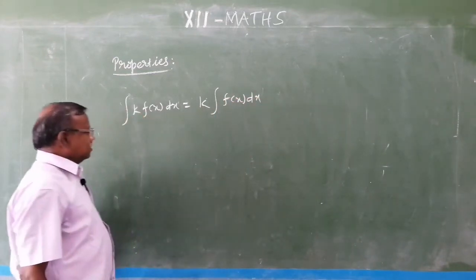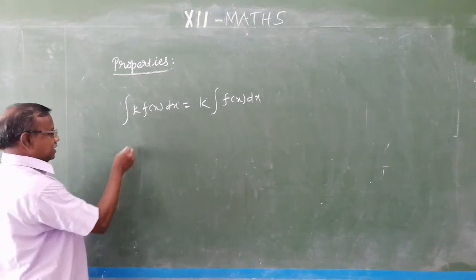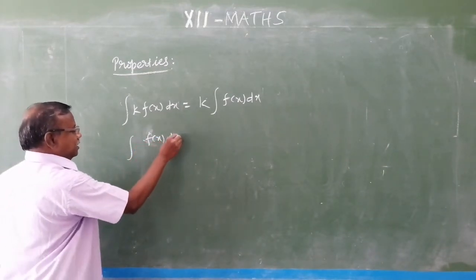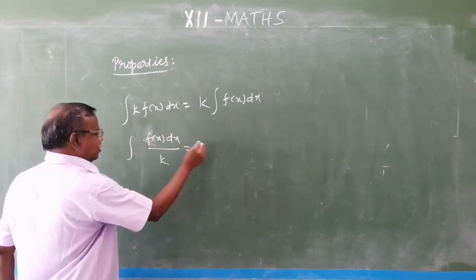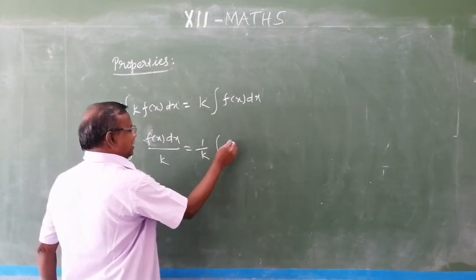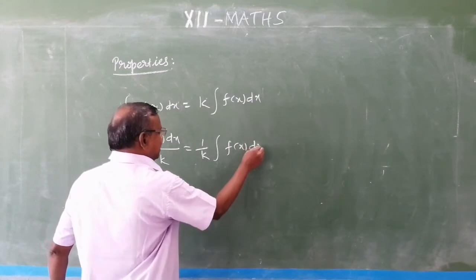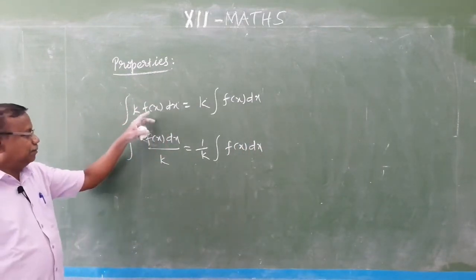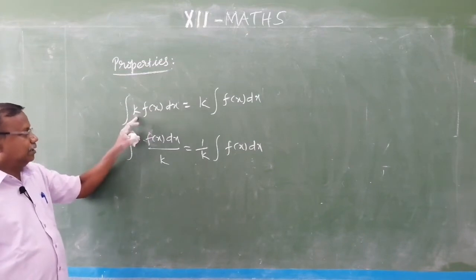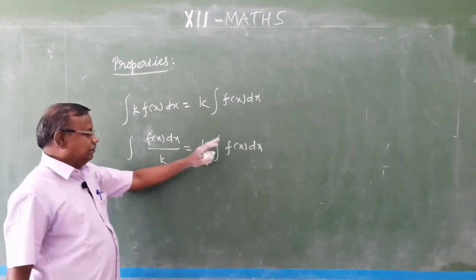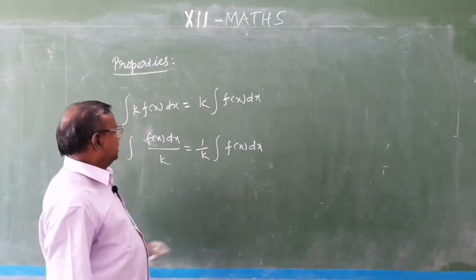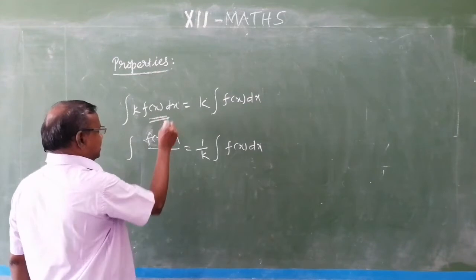So, the multiplying constant or dividing constant comes out as it is, that is integral of f of x dx divided by k is also 1 by k into integral f of x dx. Any function which is multiplied by a constant, that multiplying or dividing constant we can take outside the symbol of integration. So, we can integrate only the function.